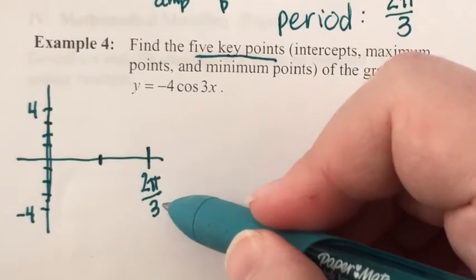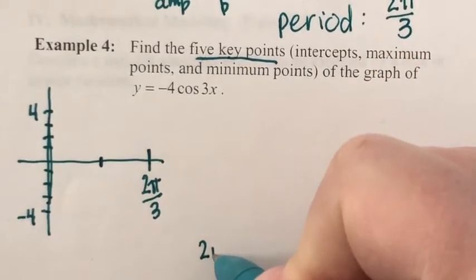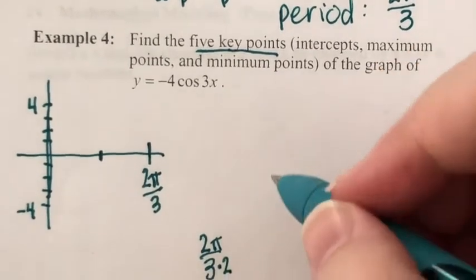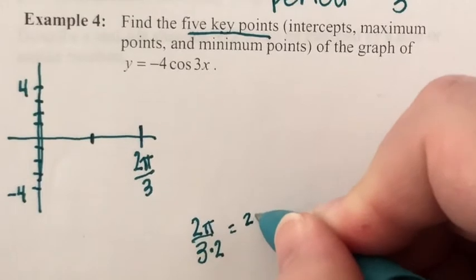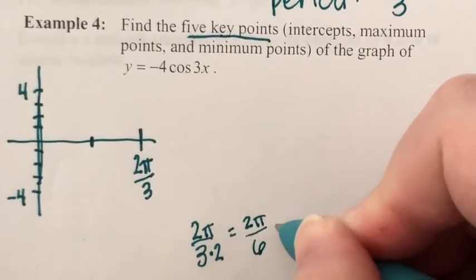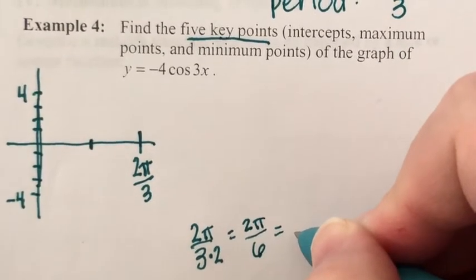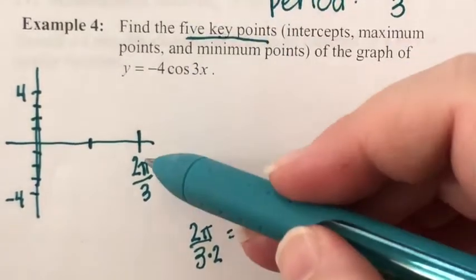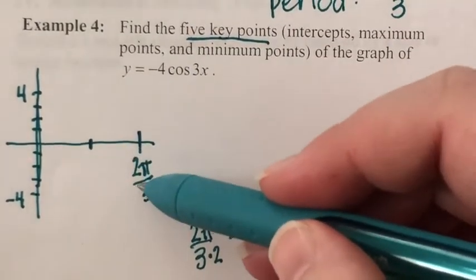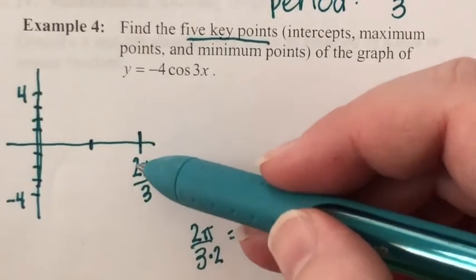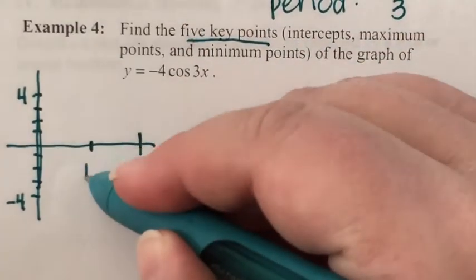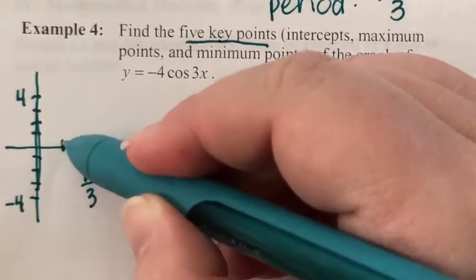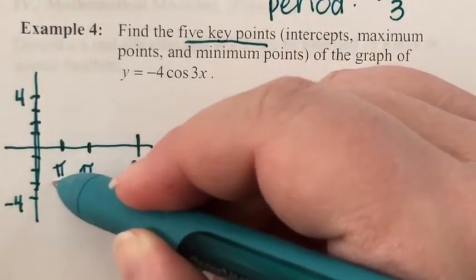In other words, we can make that 2 pi thirds times 1 half, which is 2 pi sixths, which is just pi thirds. You may have seen that really easy. If we have 2 pi thirds, what's half of 2 pi thirds? Just pi thirds. And half of that is pi sixths.